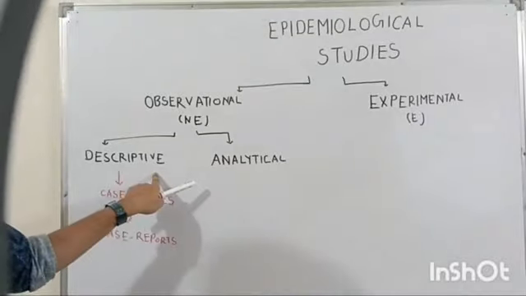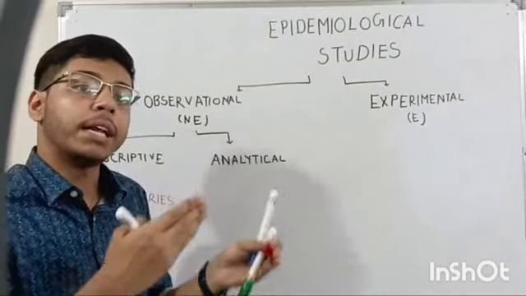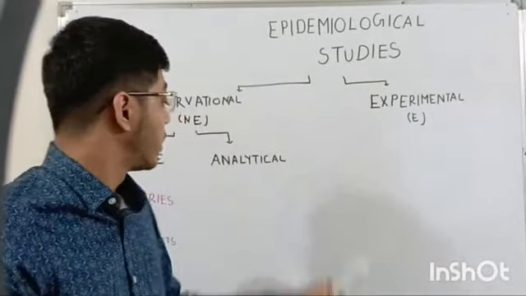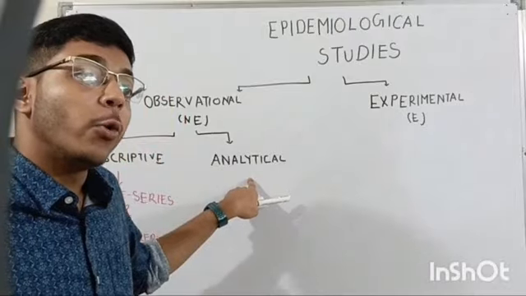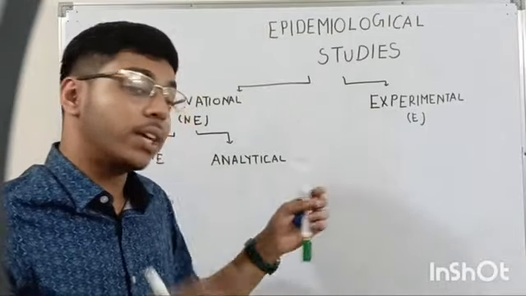In descriptive type of study, we study the disease and its variation with time, place and person and not typically the etiology or the risk factors. In analytical study, we generally study the risk factors or the etiological features of the particular disease.